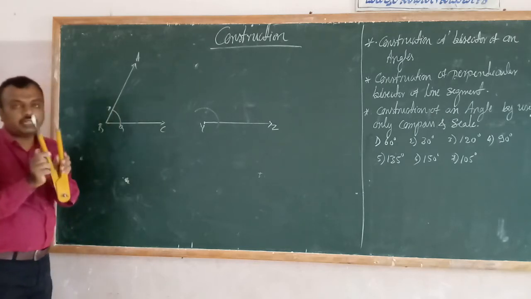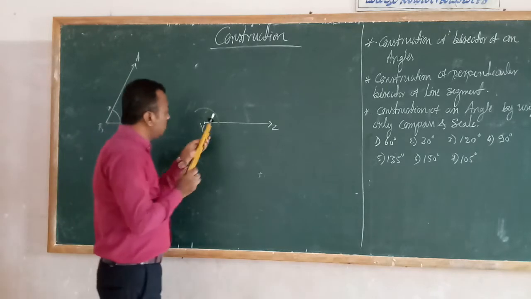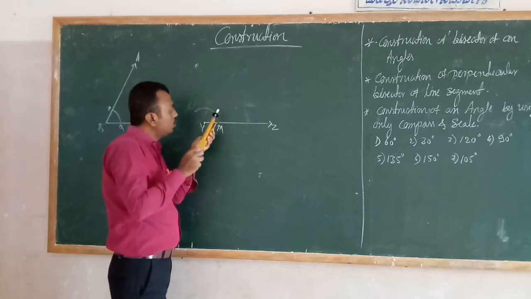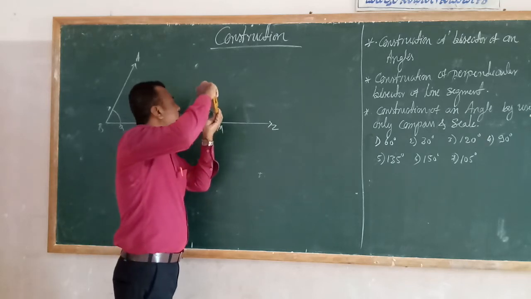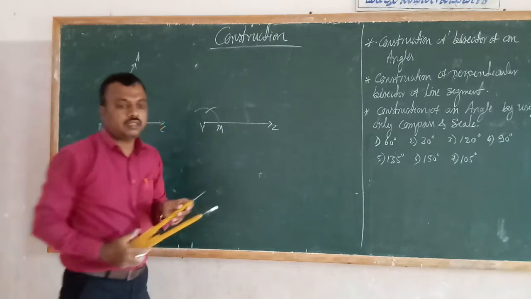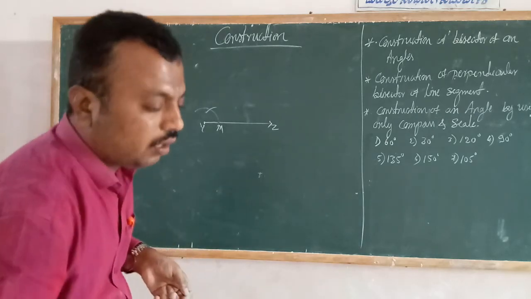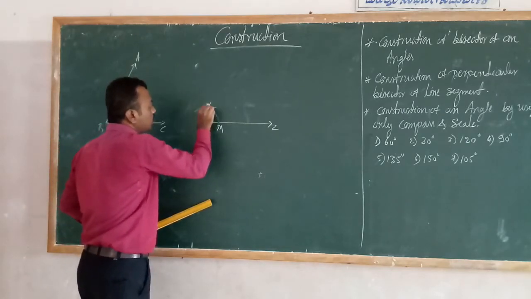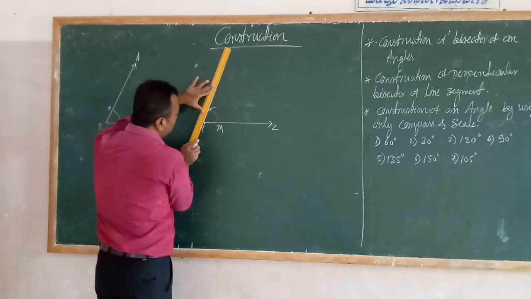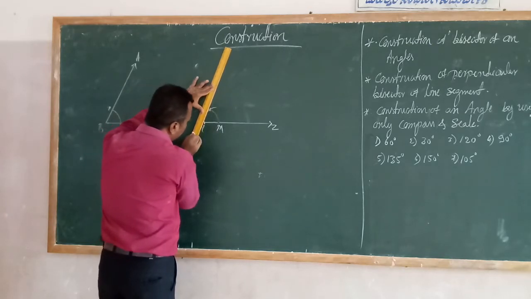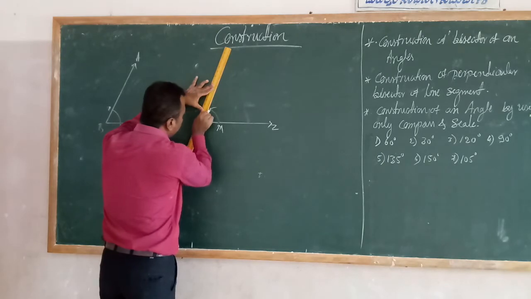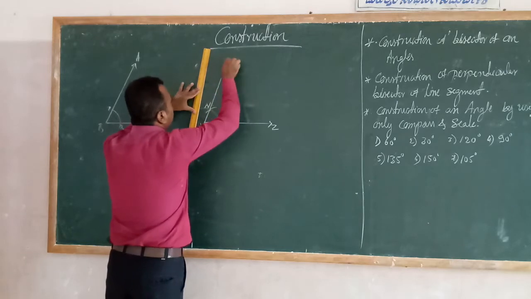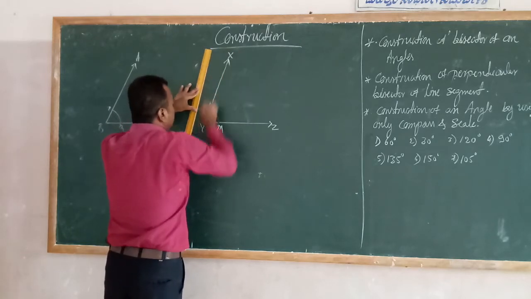So I am taking the length of the arc, and this arc is cut at the point M. Keep the compass on the point M and cut one arc, cutting the previous arc. That arc intersects at the point N. This is N. So you have to join Y and N and extend it. That is called XYZ.